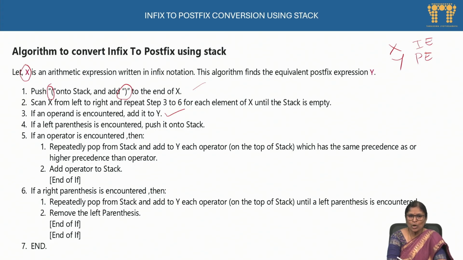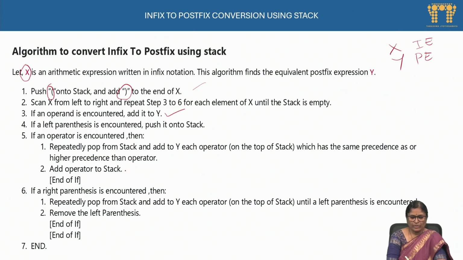Whenever a higher precedence operator is on the top of the stack, you pop it from the stack and add it to the expression. Then you add the operator to be scanned onto the top of the stack.